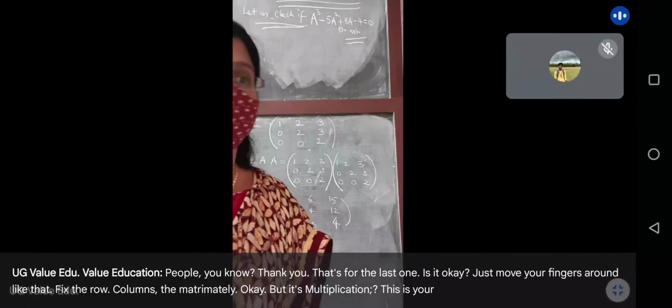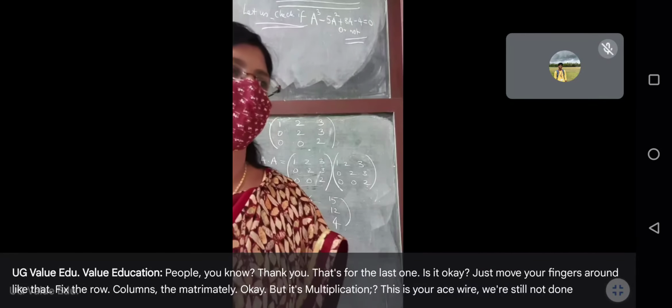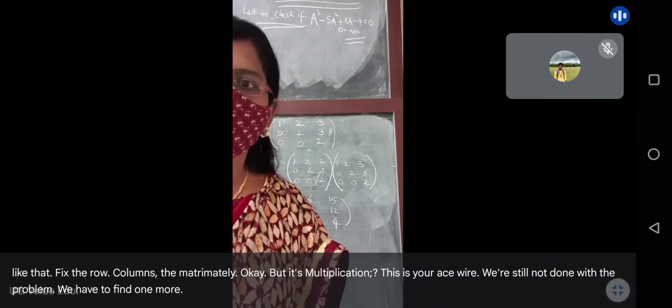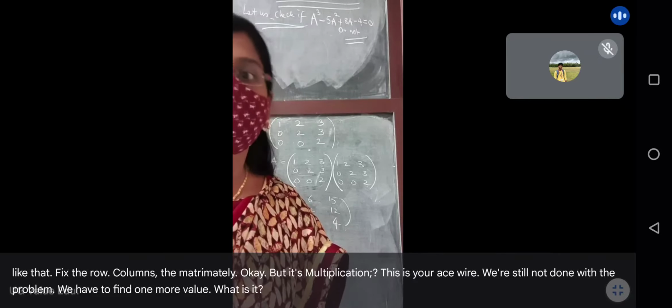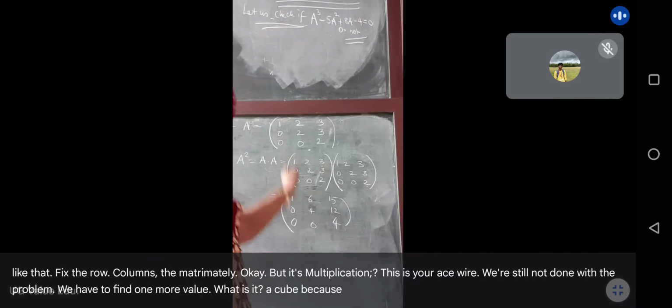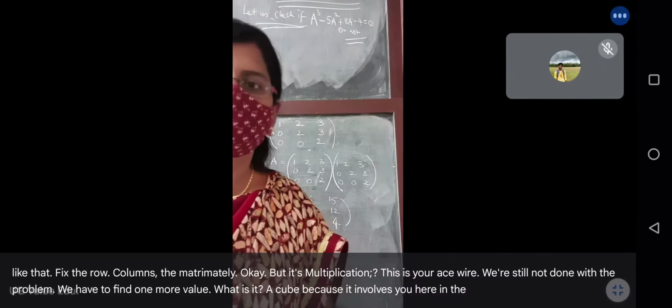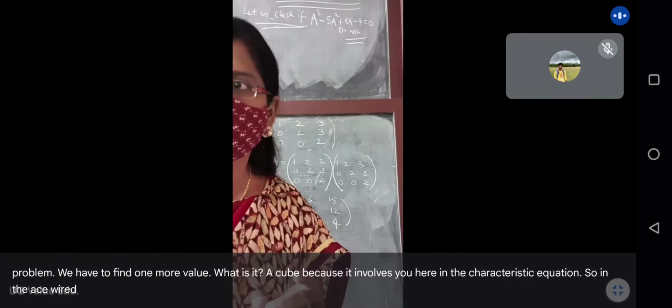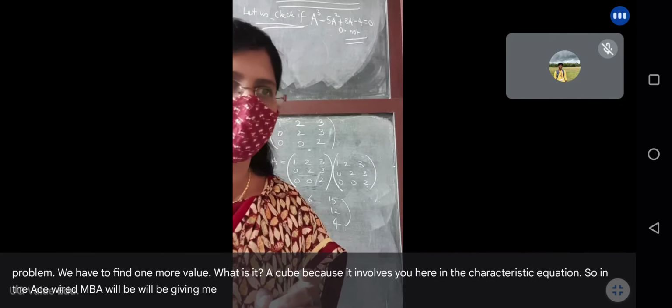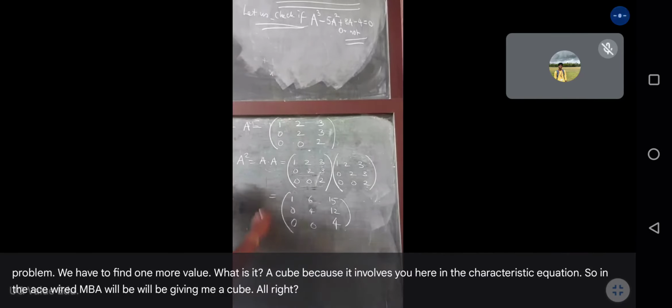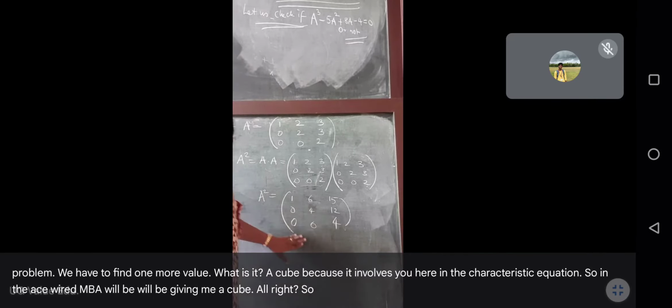Right, now that is all. This is your A squared. We are still not done with the problem. We have to find one more value. What is it? A cube, because it involves a cube in the characteristic equation. So A squared into A will give me A cube, am I right? Okay, so this is A squared. Let me do A cube now.